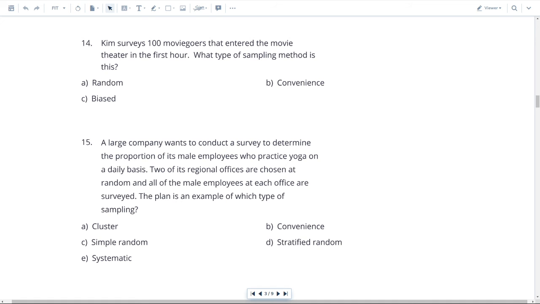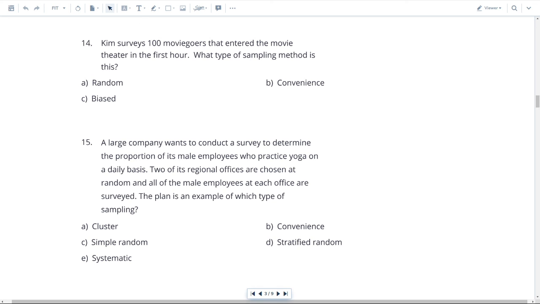It's definitely not random. Now, convenience or biased. Biased sampling, well, that's what convenience sampling is. But the actual vocabulary definition would be convenience. 56% of you got that one right.